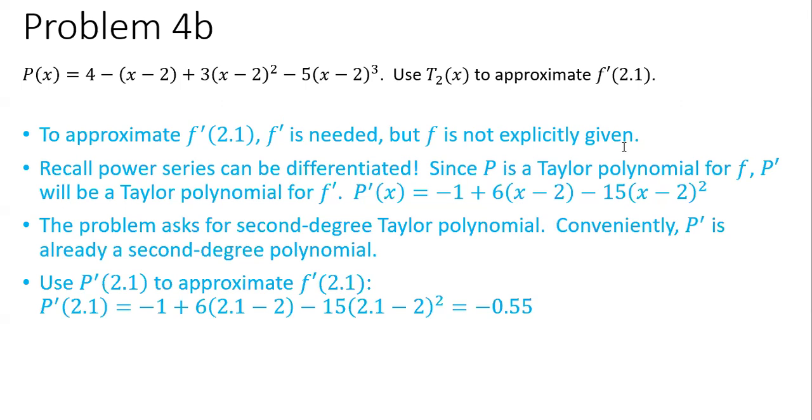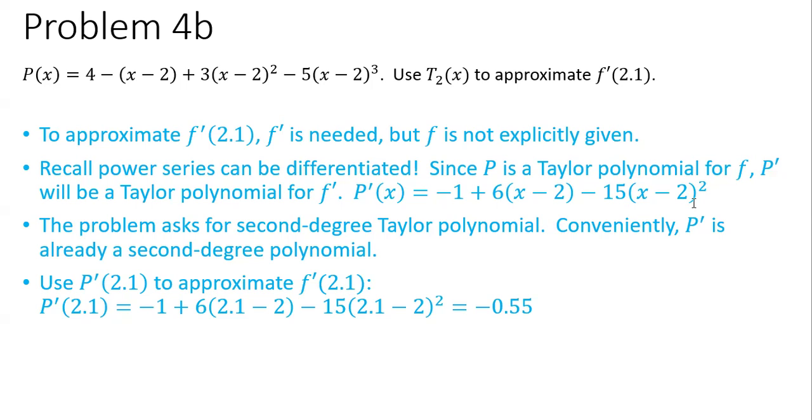Because recall that we can differentiate and integrate power series. Since P is the Taylor polynomial representation of f, that means P prime will be a Taylor polynomial for f prime. So we can just find P prime, which is this right here, just do the power rule and chain rule.